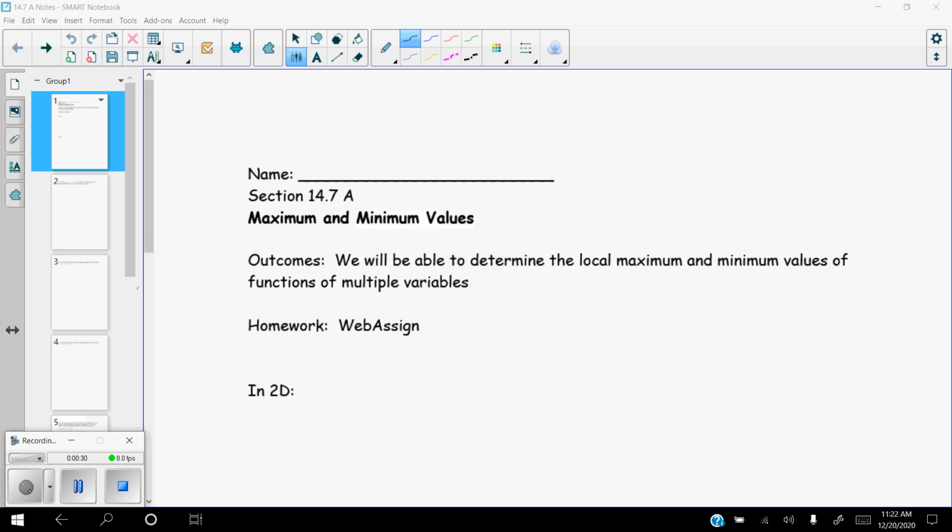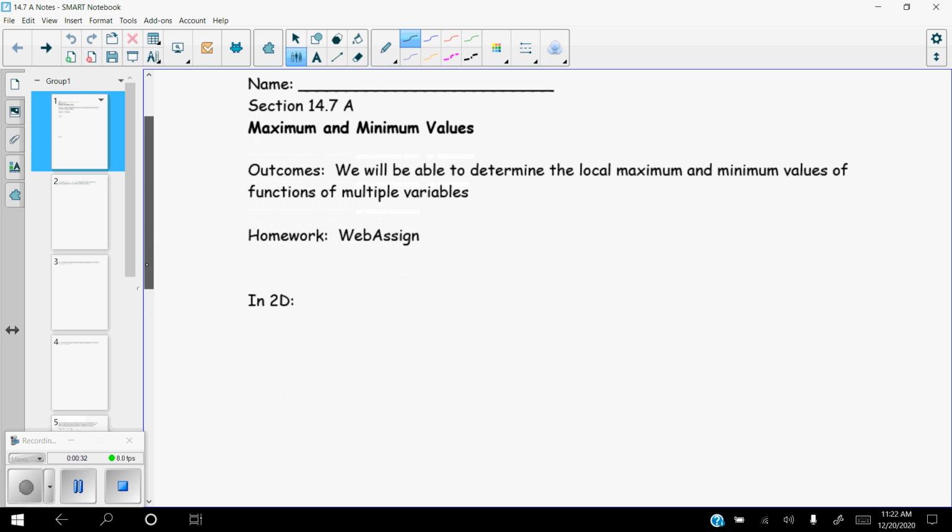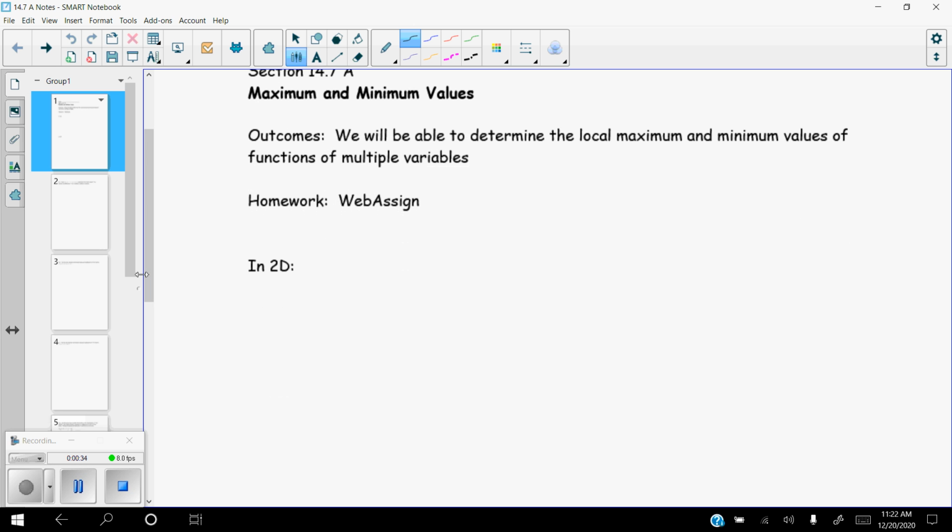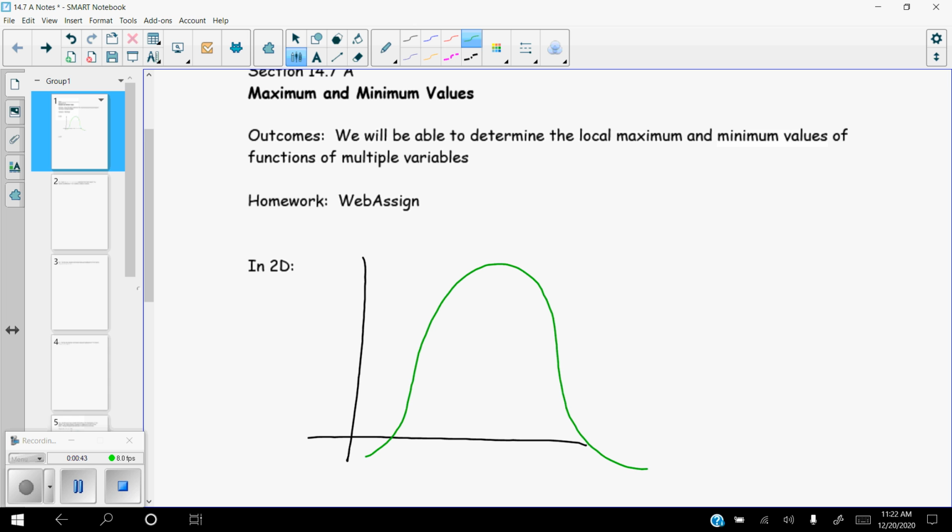So let's go ahead and talk about maxes and mins in 2 dimensions. This is something that's more of just a review. If we were to have some kind of a curve, whatever that curve is, and then we were to say this point right here is your c, well, right up here would be the location of your local max.